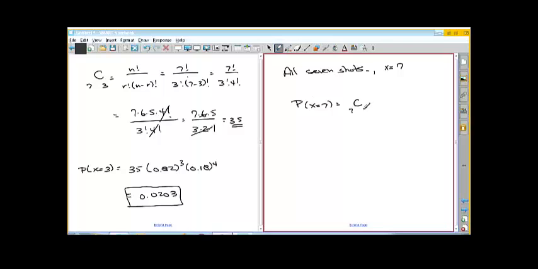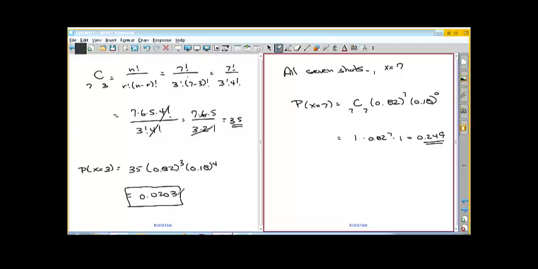So you take 7 things taken 7 at a time, probability of success raised to the 7th power, probability of failure raised to the 0 power. This minus that, using that. 7 things taken 7 at a time is 1. And then you'd raise 0.82 to the 7th power. And any number raised to the 0 power is 1. So I get 0.249.